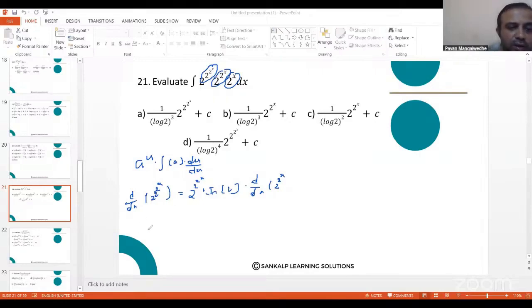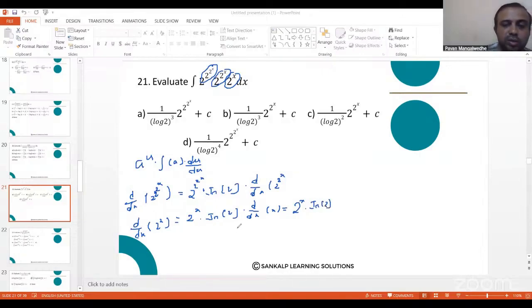Then when you derive the second derivative with respect to 2 raised to x, d by dx of 2 raised to x will become 2 raised to x into the integration of 2.